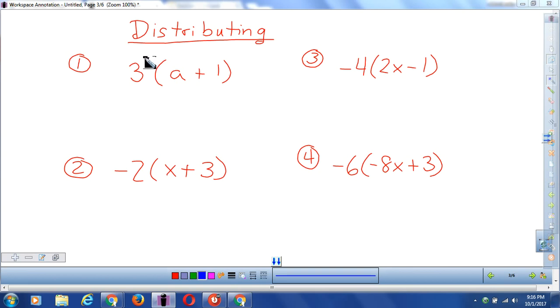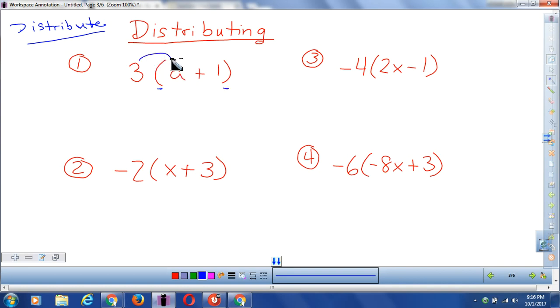Okay, so here's how it works. If you see some problems and they tell you to distribute, you're going to take your number outside the parentheses and you're going to multiply it by everything inside the parentheses.